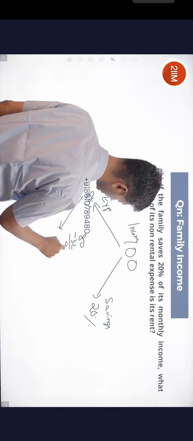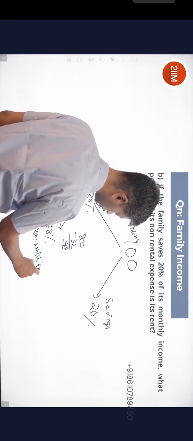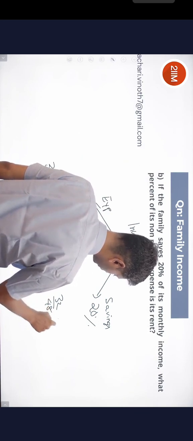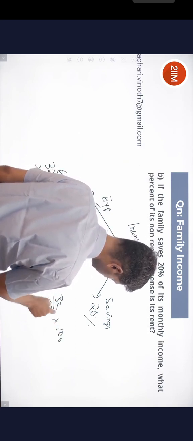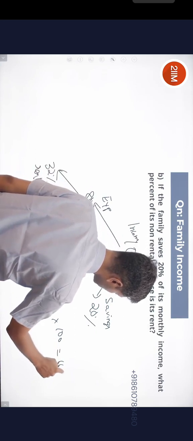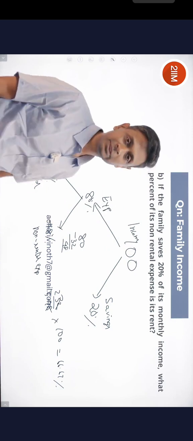Remaining 80 minus 32 is 48. 48% is non-rental expense. 32 by 48 into 100. 2/3 of 100. 66.67%. This as a percentage of this.